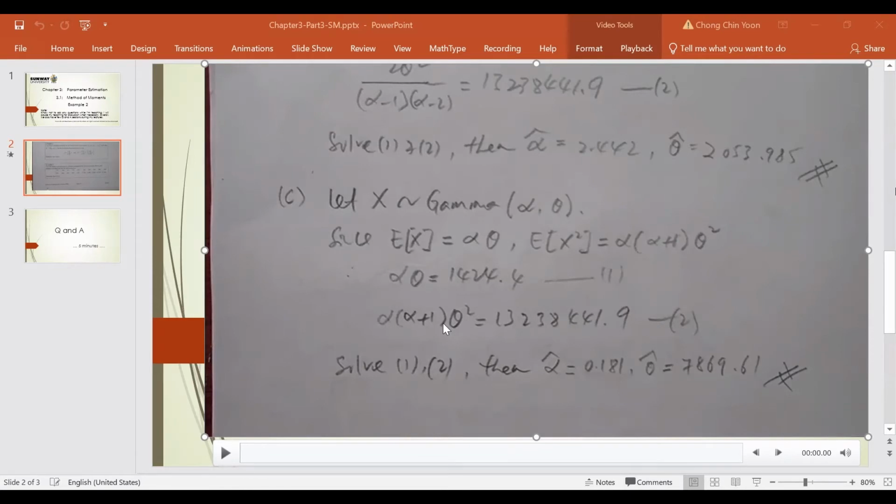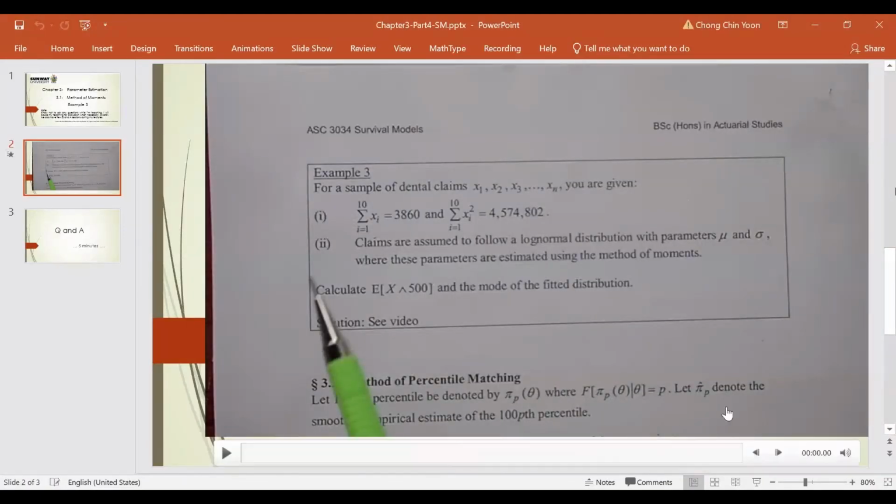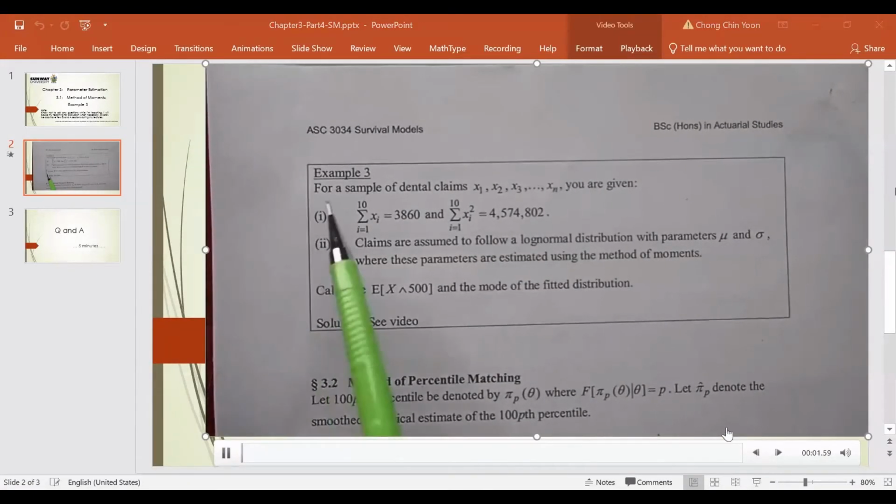Okay, so this is example 2. Let's go to example 3. Here we go, example 3.